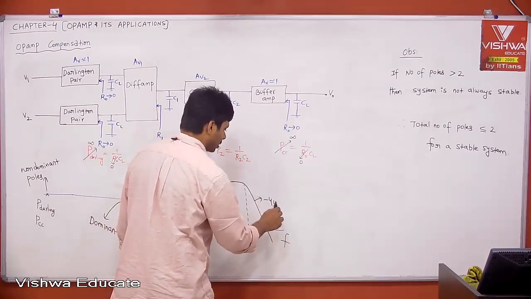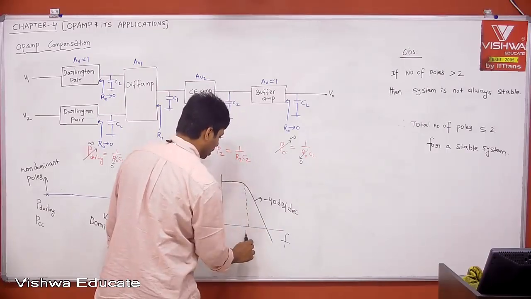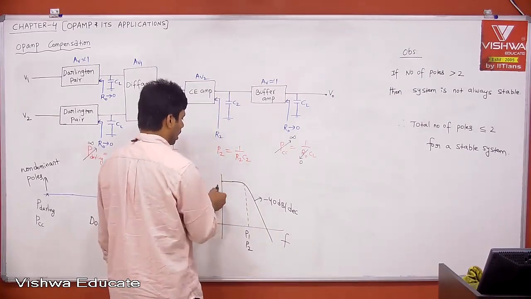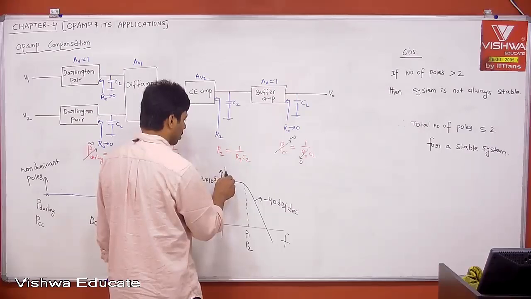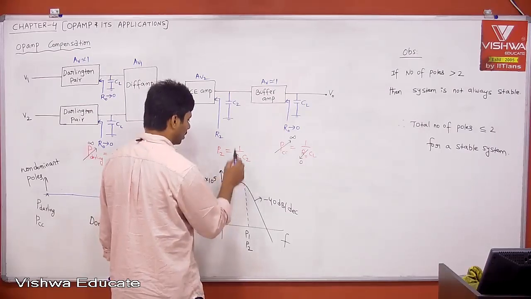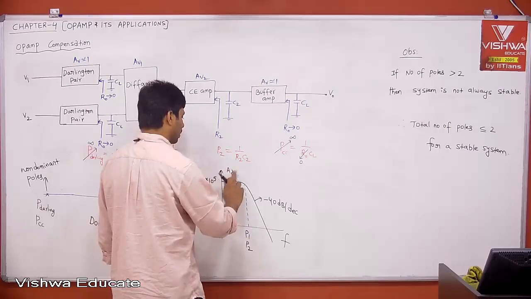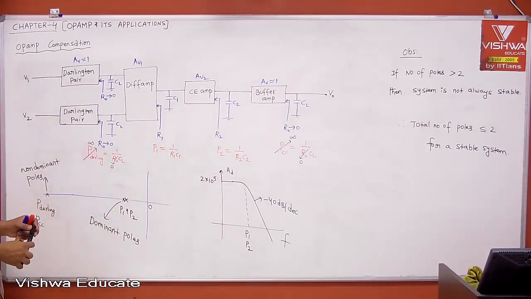Now the slope is minus 40 dB per decade, because there are 2 poles, P1 and P2. And your gain, let us say, is 2 into 10 to the power of 5, and this is our mod AD, the differential gain. Therefore this is your AD, and this is not always stable.